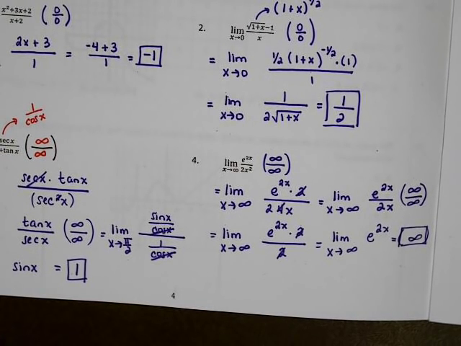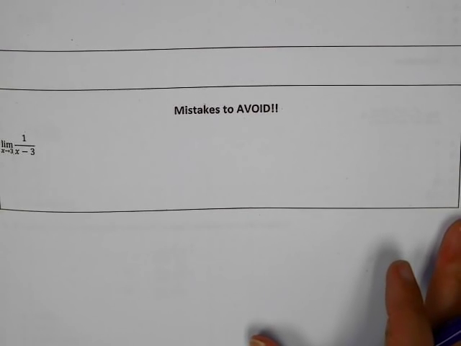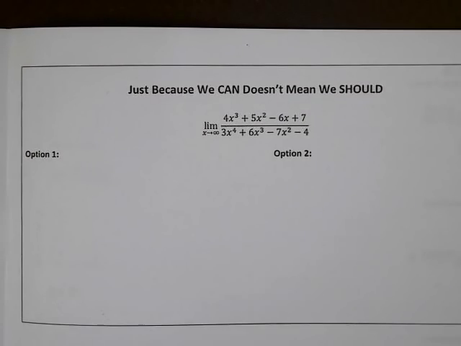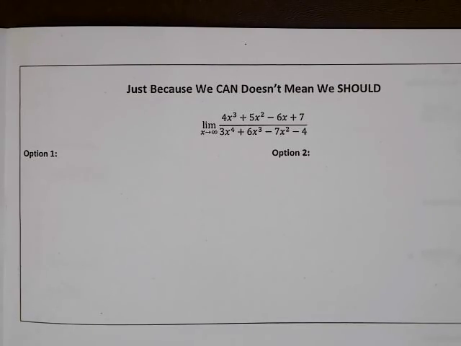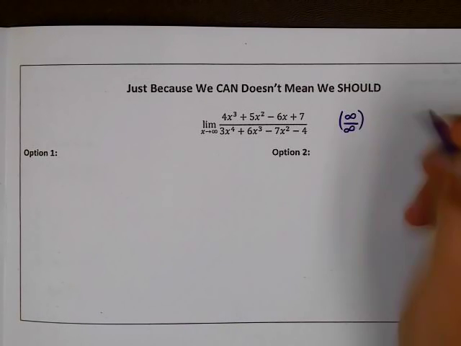Now, a couple things that you should note. Just because we can use L'Hopital's rule doesn't always mean that we should. So in this example, if you were to try plugging in infinity, you would get infinity on the top and infinity on the bottom, which means you could use L'Hopital's rule.